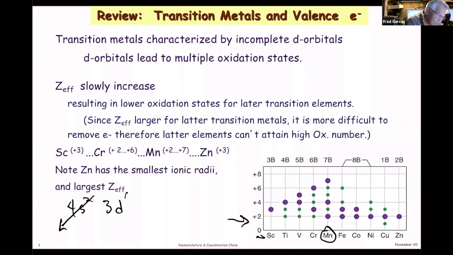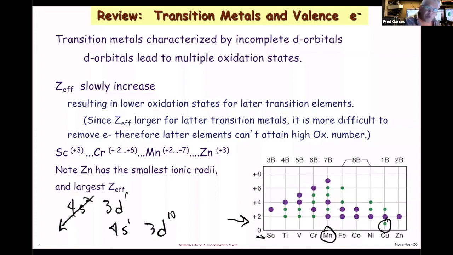Okay, look at copper, however. Copper has a +1. Why is it +1? Hopefully you guys remember that the electron configuration for copper is actually 4s1, 3d10. If you don't remember that, then make sure you go review that.